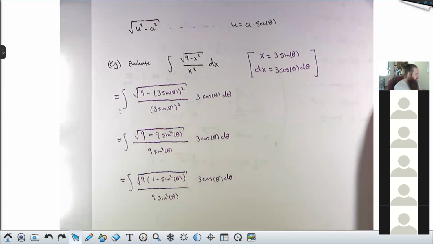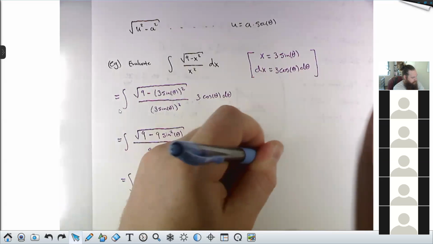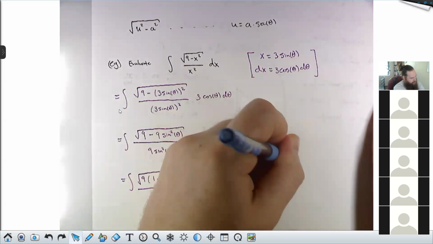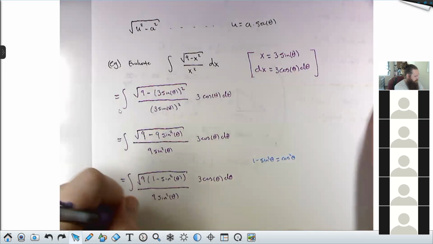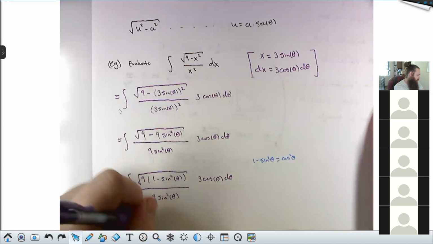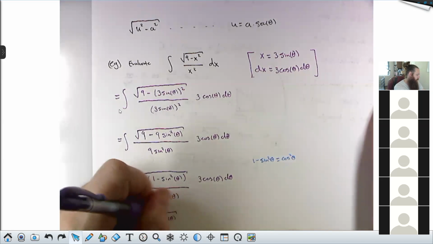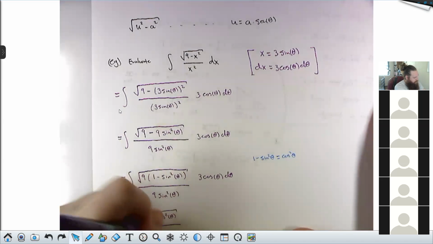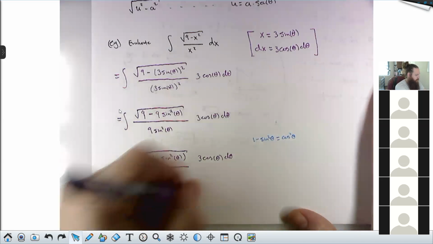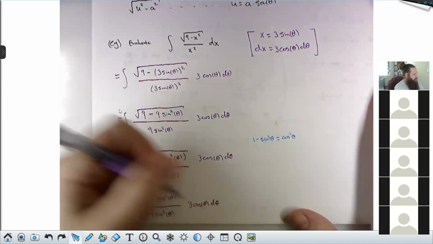And here's the magical step, 1 minus sine squared. That's cos squared. So what is this? This is the square root of 9 cos squared theta, all divided by 9 sine squared theta with a 3 cos theta d theta chaser.